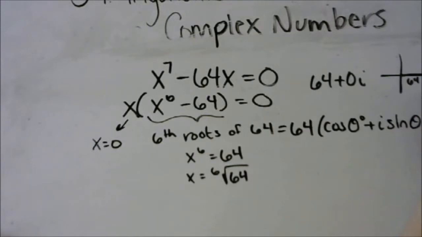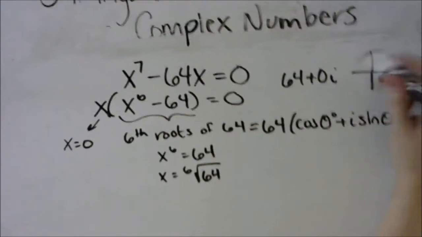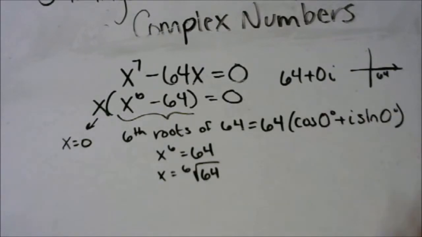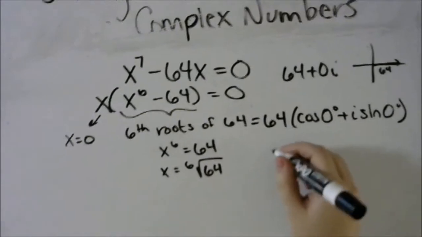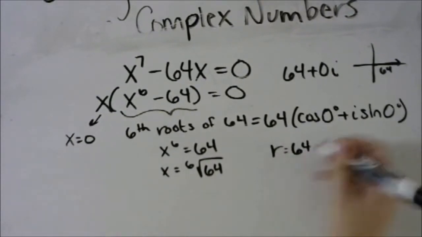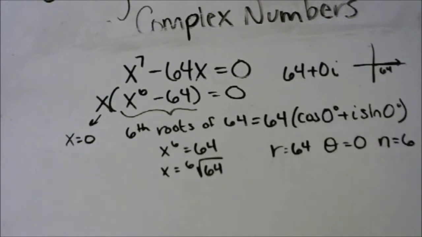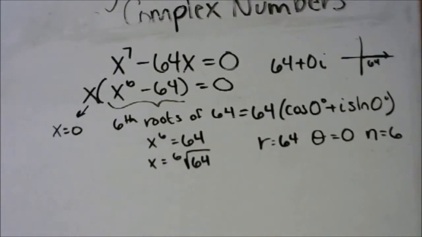Its modulus would be 64, and its degree would be 0. These are supposed to say 0, not theta. Okay, well, if that is the case, then I can say that r is 64, theta is 0, and n is 6. And I can use the nth root of a complex number to solve.